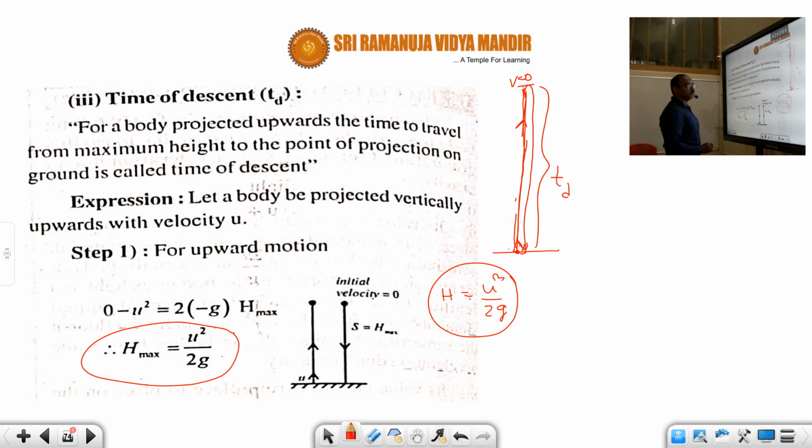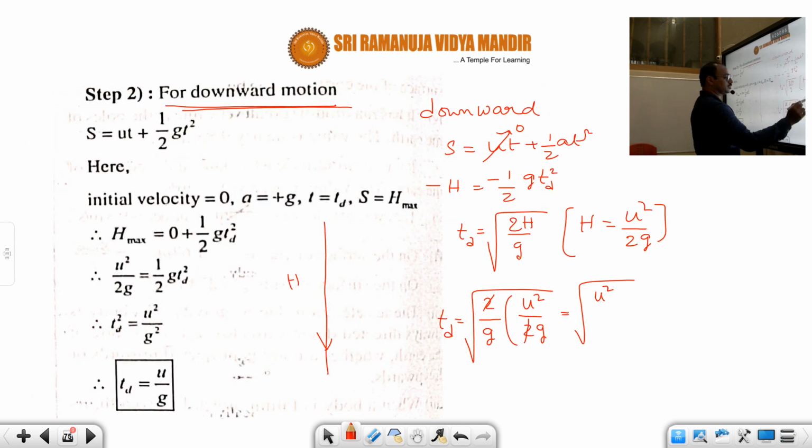Let us denote this time as td, the time of descent. The 2 gets cancelled, and under the root u square divided by g square, that is equal to u divided by g.